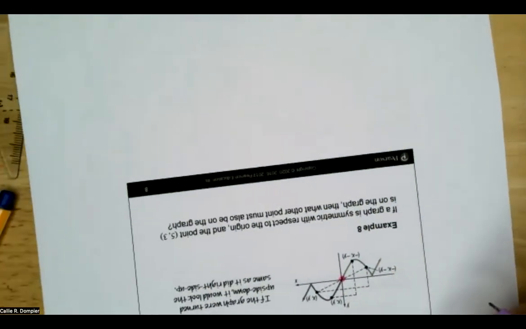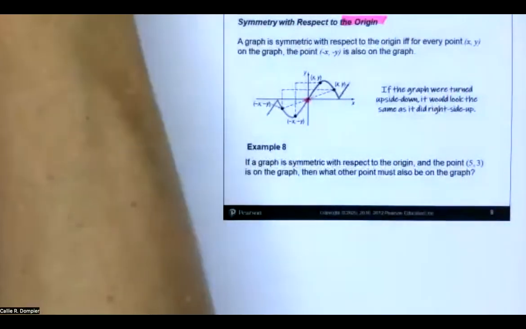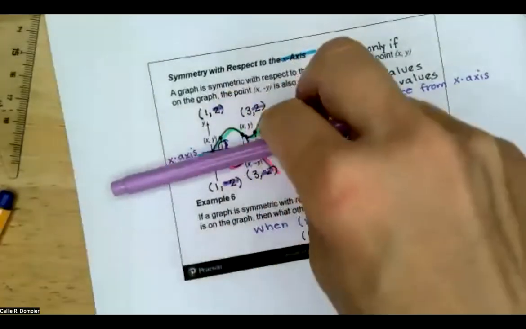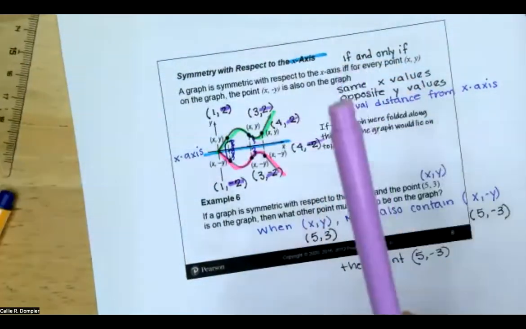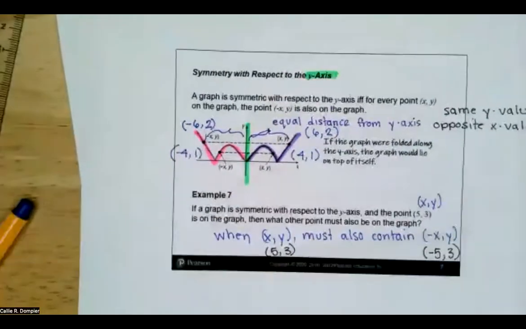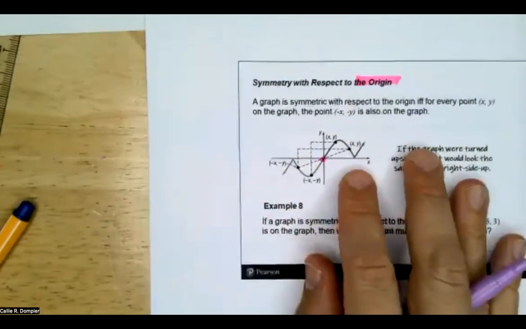Okay, so think about, if this is an exam and you are trying to figure out if it's symmetric with respect to the origin, for these guys, you can hold up your pencil to the x-axis. You can hold up your pencil to the y-axis. For the origin, what I like to do is describe the graph.